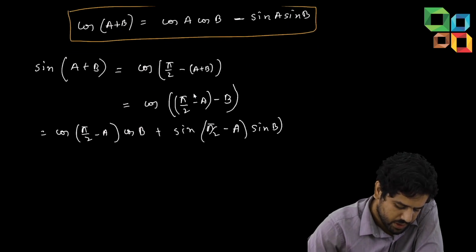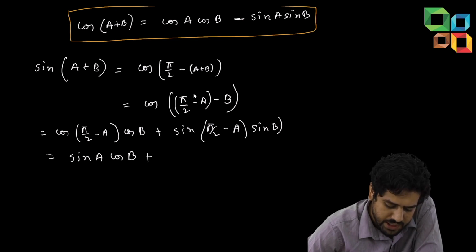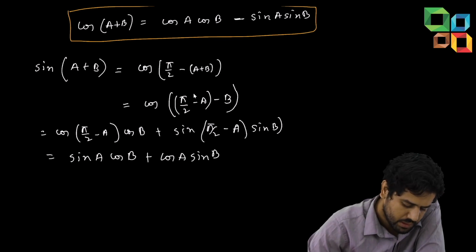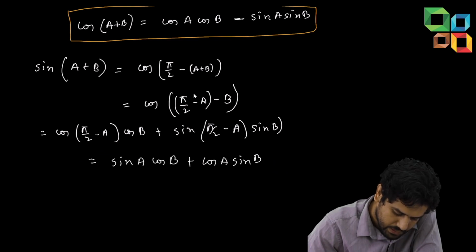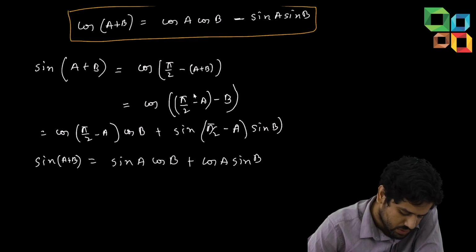What is cos of pi by 2 minus A? This is sin A, and cos B. And sine of pi by 2 minus A is nothing but cos A, and sin B. So sine of A plus B is sin A cos B plus cos A sin B.